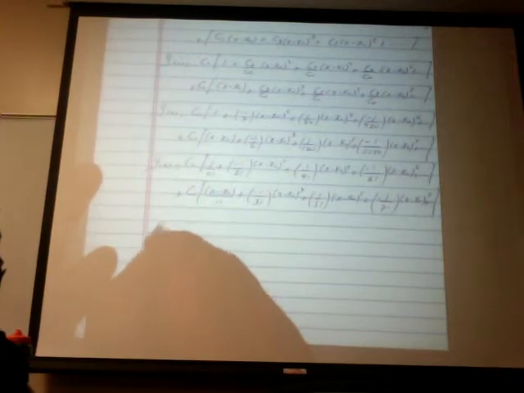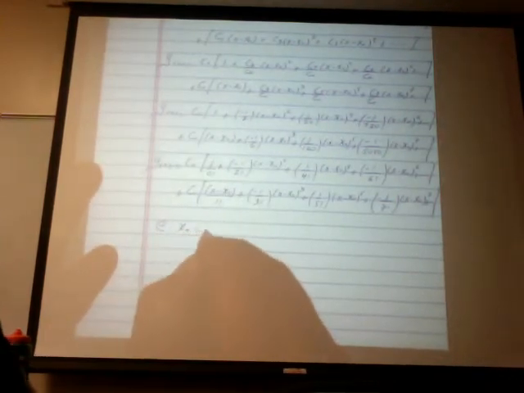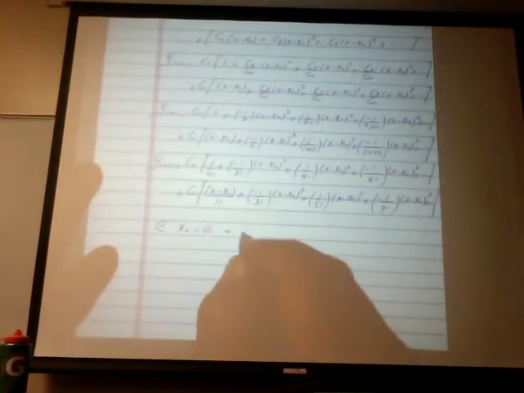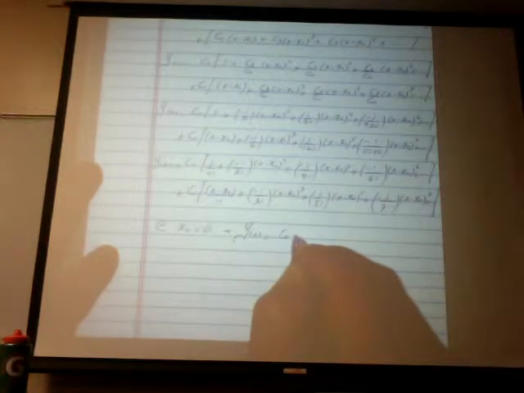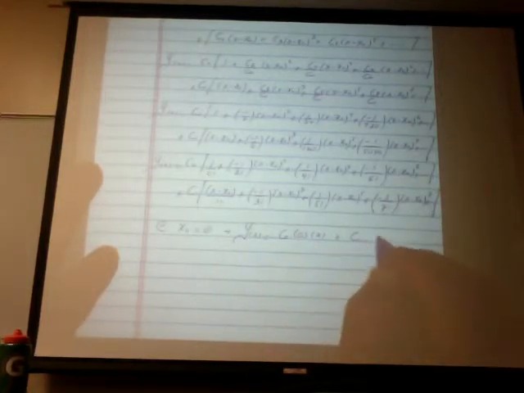So at x0 equals 0, we have y of x equals c0 times the cosine of x plus c1 times the sine of x.